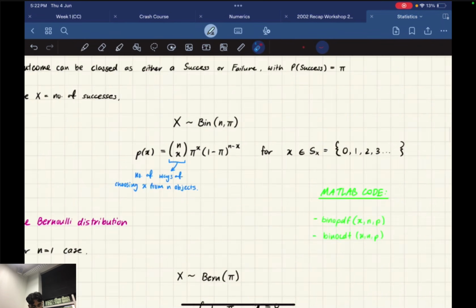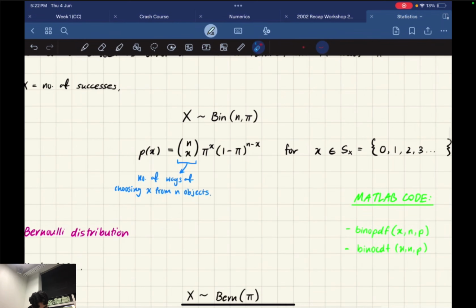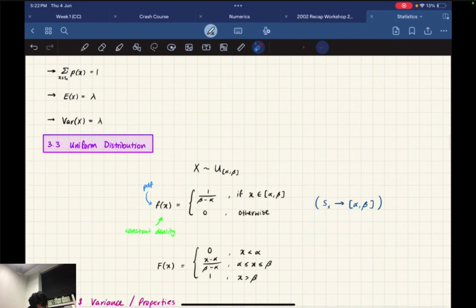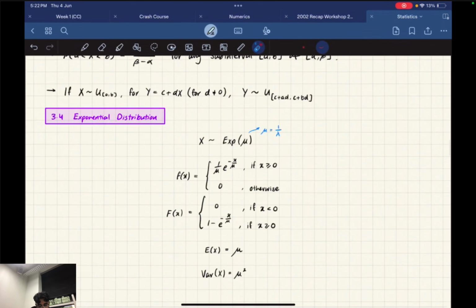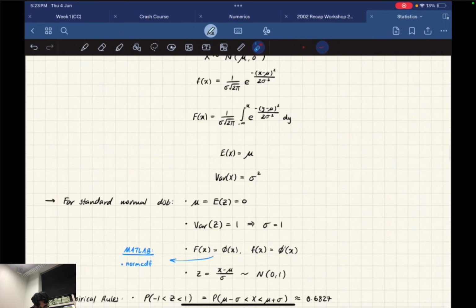So n choose x. N is the number of things that we have in the sample. X being the number of ways of choosing that object or that outcome, right? Bernoulli distribution. Then there's also uniform distribution, exponential distribution, normal distribution as I covered earlier.